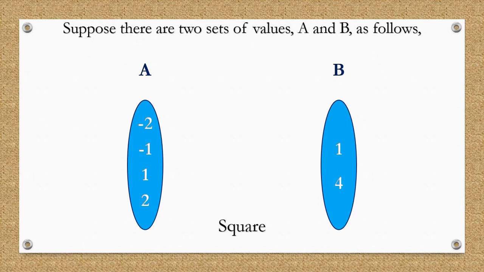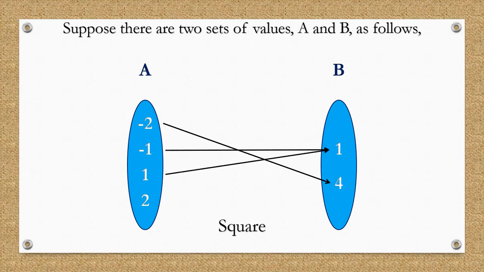So I will square the values of A. If I square the value of -2, I get 4. -1 squared is 1. 1 squared is again 1 and 2 squared is 4. That means again A and B are connected with the relationship of the squared values. So in all of these examples, I have connected two sets of values A and B with a certain relationship.